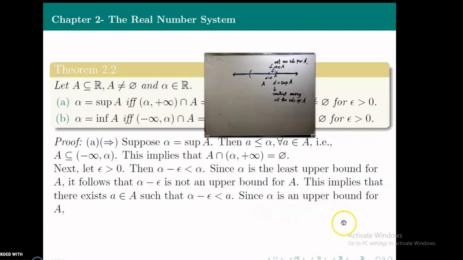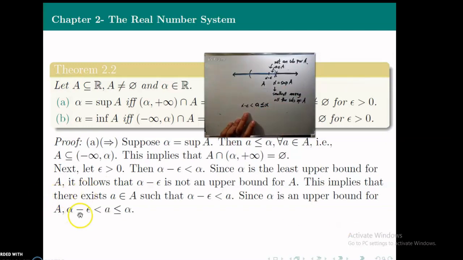Since alpha is an upper bound for A, it means a is less than or equal to alpha. And we have shown a while ago that this is true.